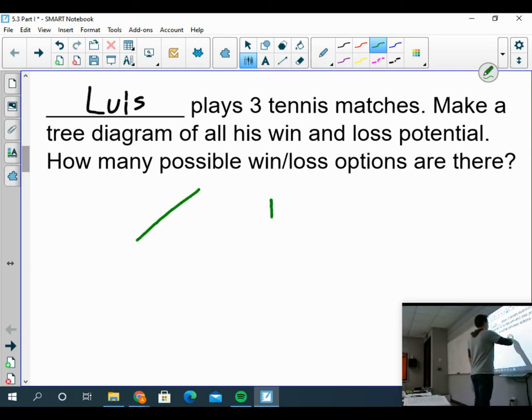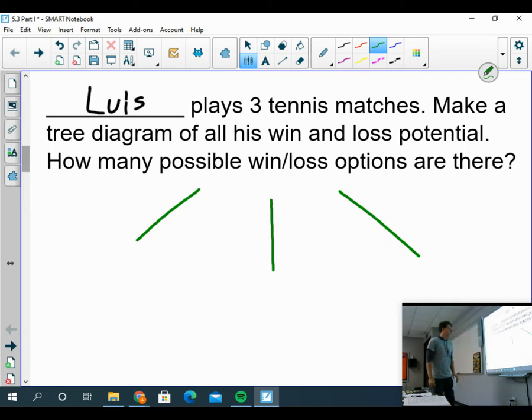Tennis match 1, tennis match 2, and tennis match 3. Now within that, he could win or lose each game.